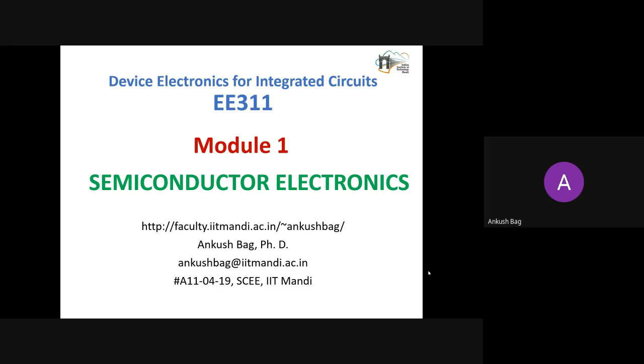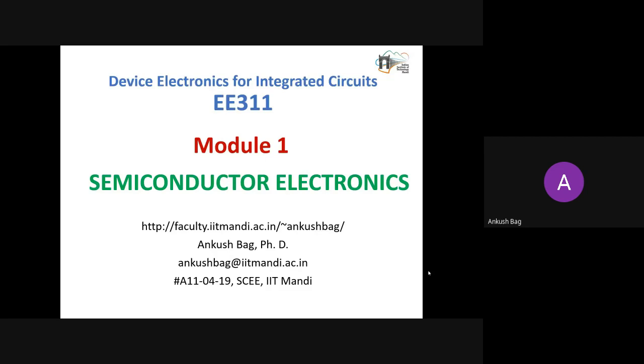From today onwards, we'll start with module one, our first module on semiconductor electronics. The first part, which we'll try to cover today, is basically the physics of semiconductor material.